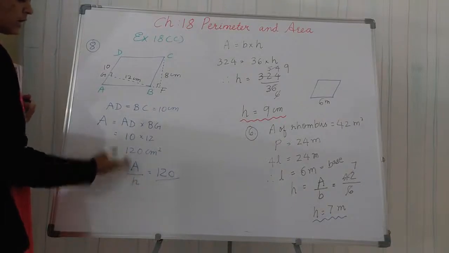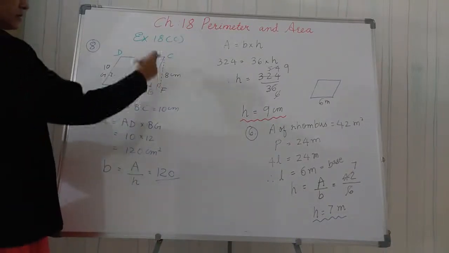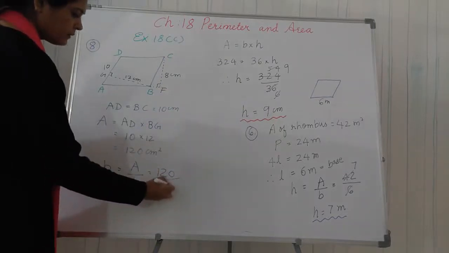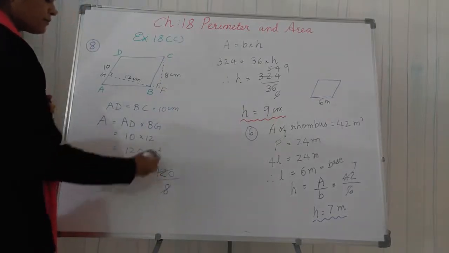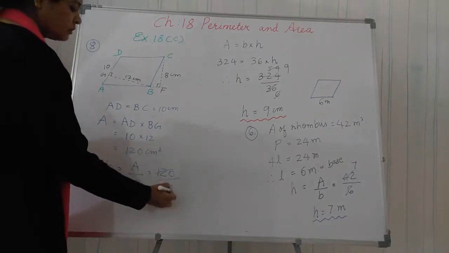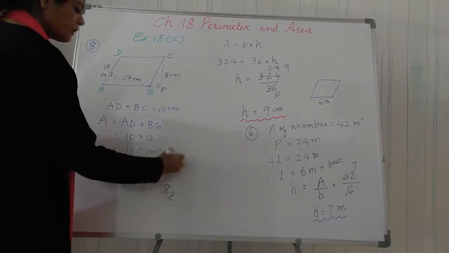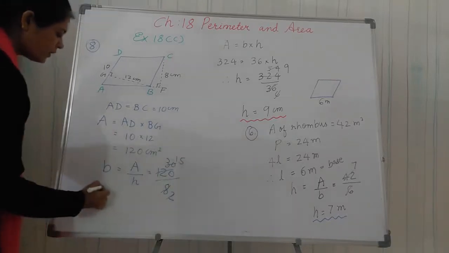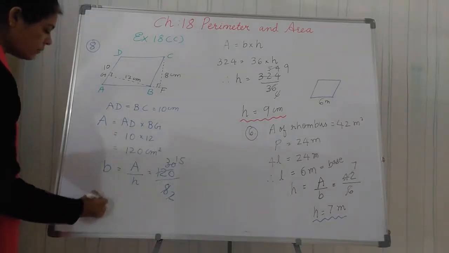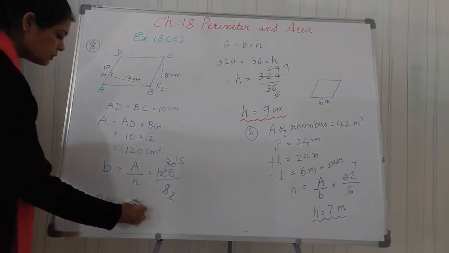But now the height here is given, CF, that is 8. So 8, here we write 4 2s and 4 3s. So 15. So we get our base, or you can write AB side is equal to 15 centimeters.